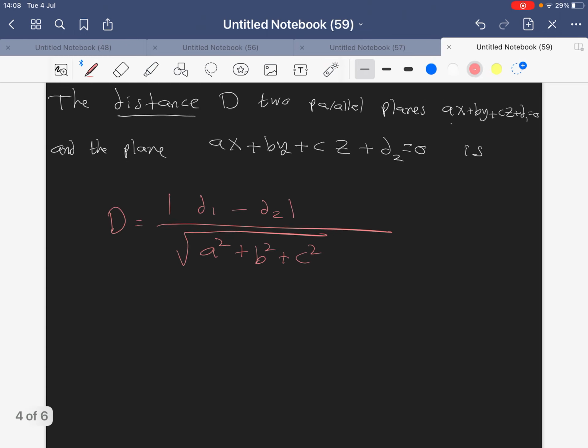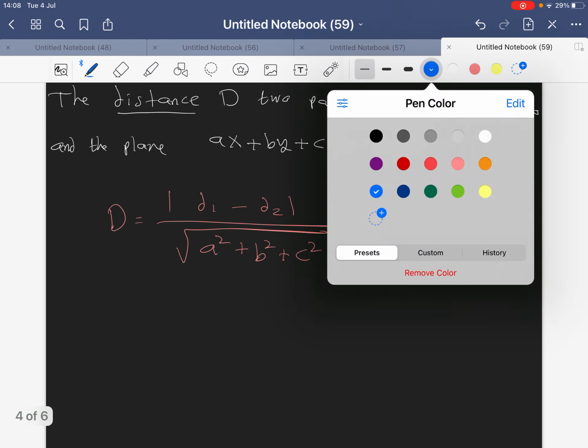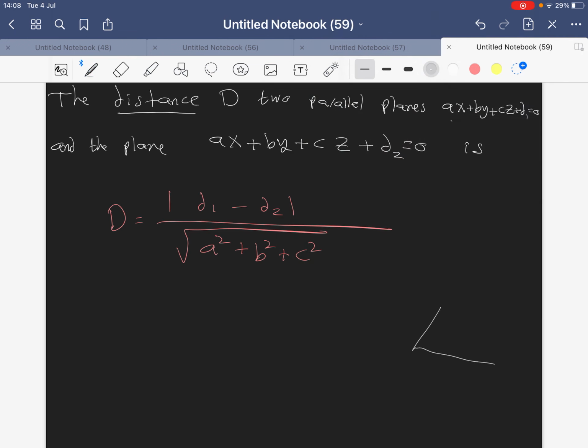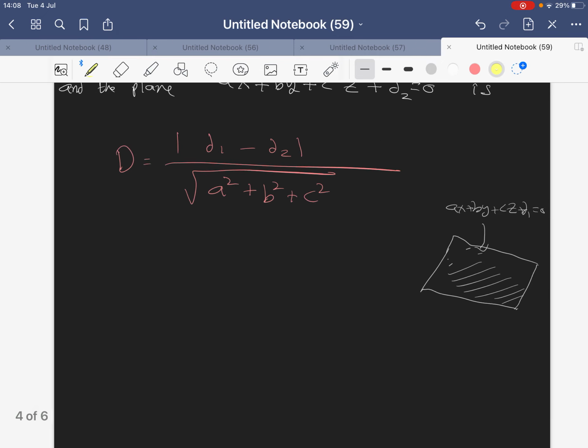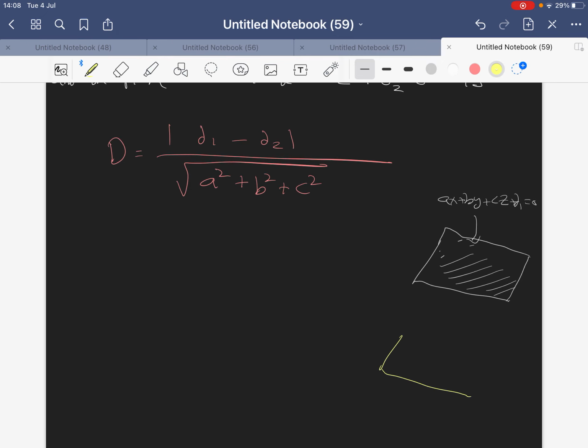So here, if we draw something, the first plane is given by this equation, which is ax plus by plus cz plus d1 equal to 0. And the second one is, of course, parallel, so they will not intersect.